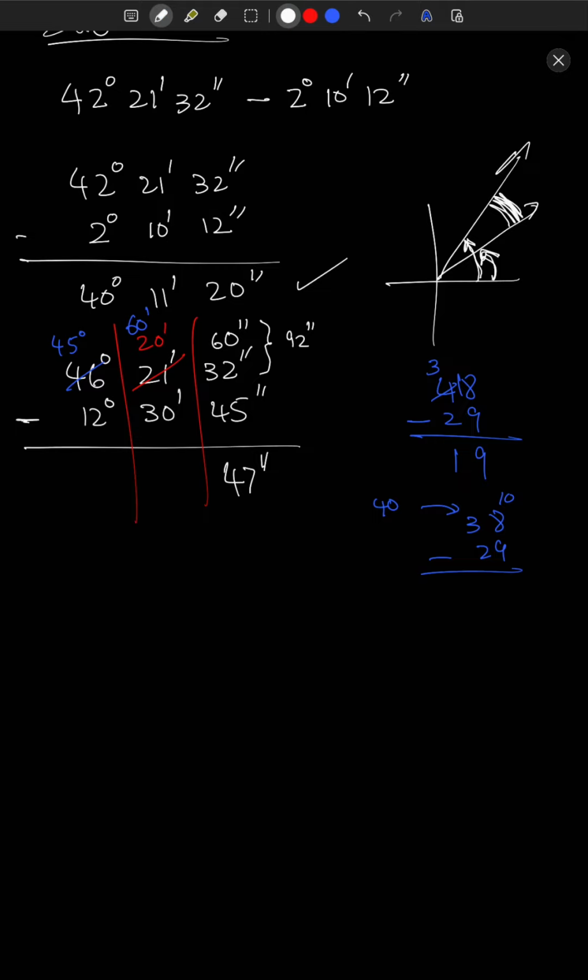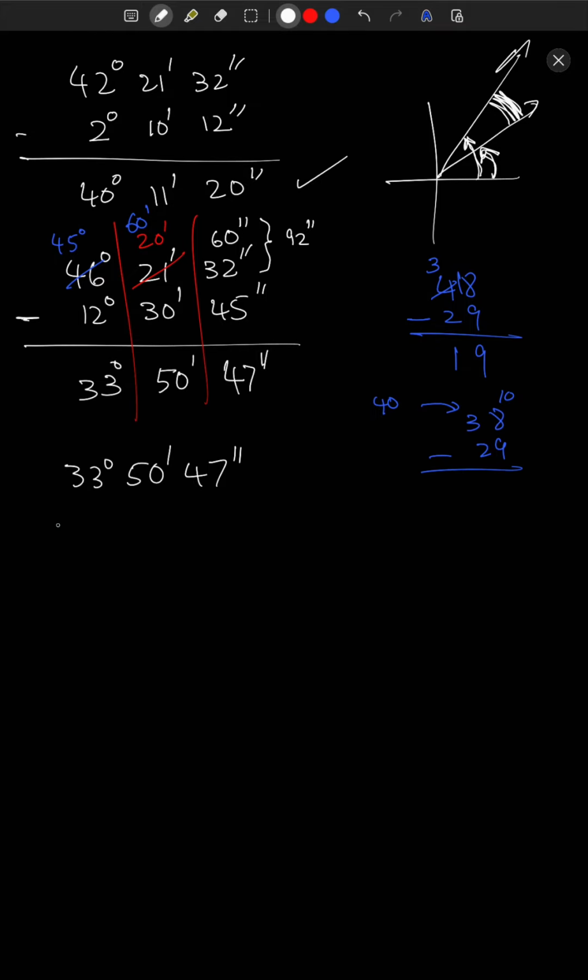So altogether, we can see that if we have 60 plus 20 minus 30, we're going to get a positive number. All right. So again, we avoid having to deal with negatives. So this is going to be 50 minutes, right? And then finally, 45 minus 12 is going to be 33, okay? And so we get 33 degrees, 50 minutes and 47 seconds.